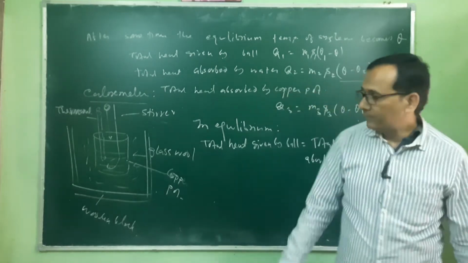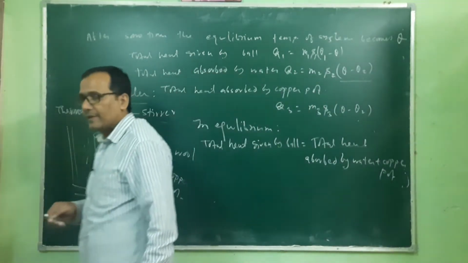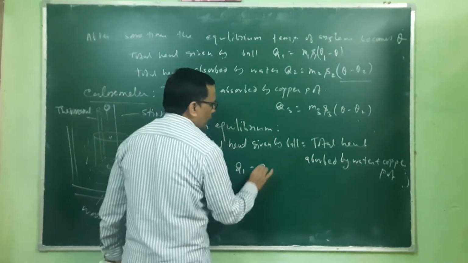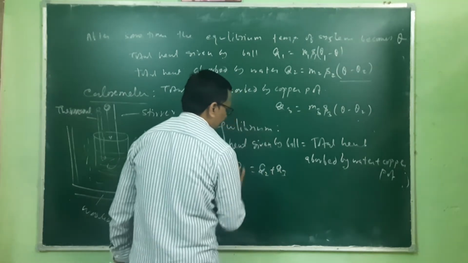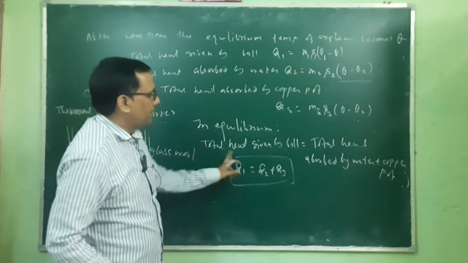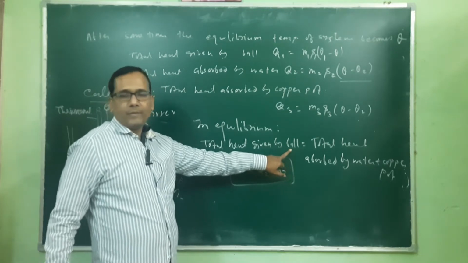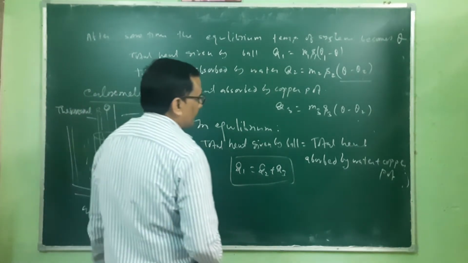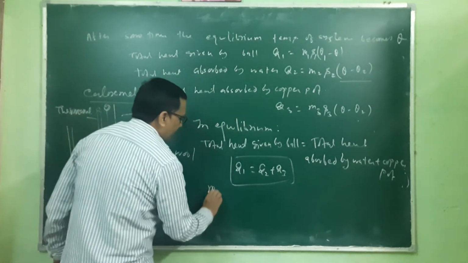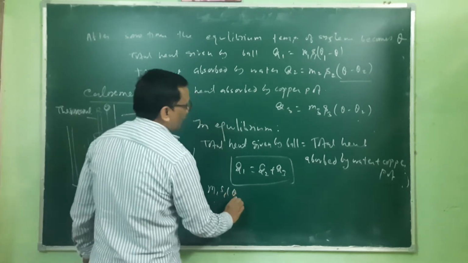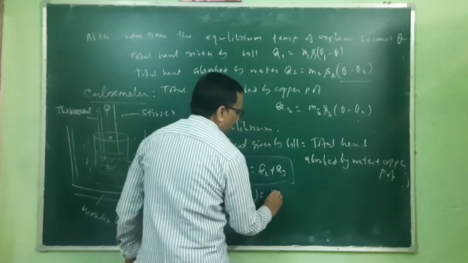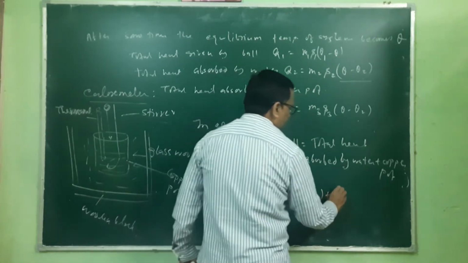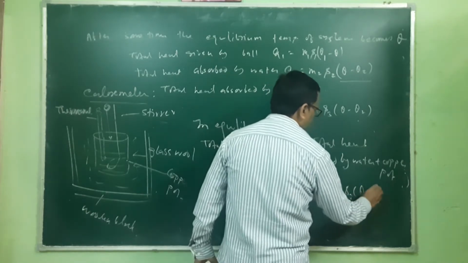So Q1 equals Q2 plus Q3, where Q1 is the heat energy given by the ball, Q2 is the heat energy absorbed by water, and Q3 is the heat energy absorbed by the copper part. So M1 S1 (theta1 minus theta) equals M2 S2 (theta minus theta2) plus M3 S3 (theta minus theta2).